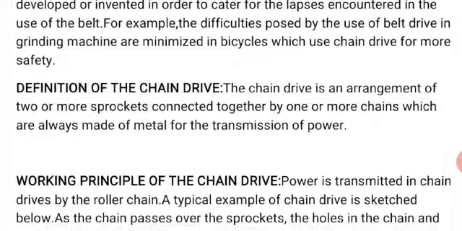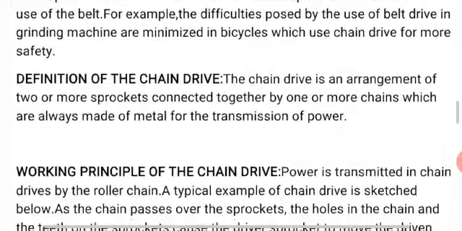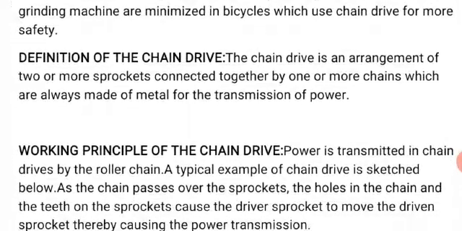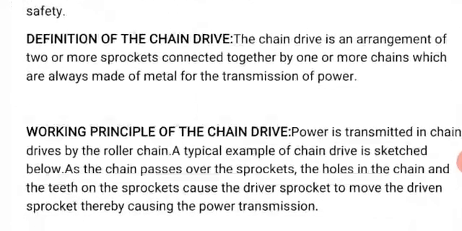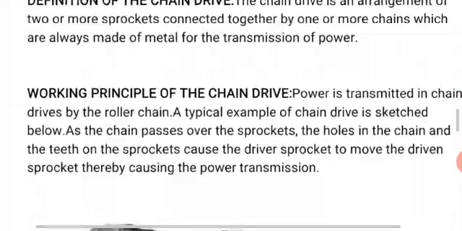Now, let us go to the definition of the chain drive. The chain drive is an arrangement of 2 or more sprockets connected together by 1 or more chains, which are always made of metal, for the transmission of power.